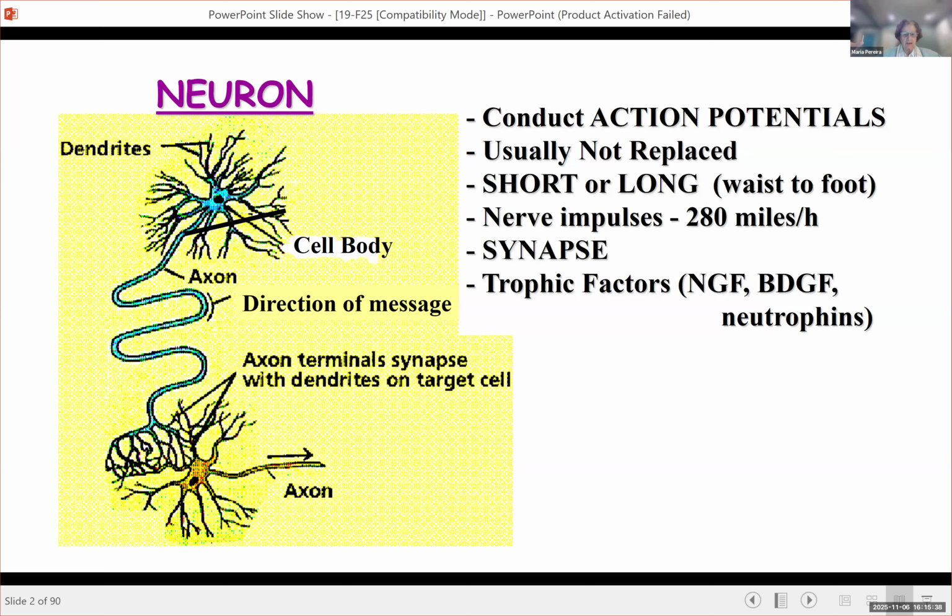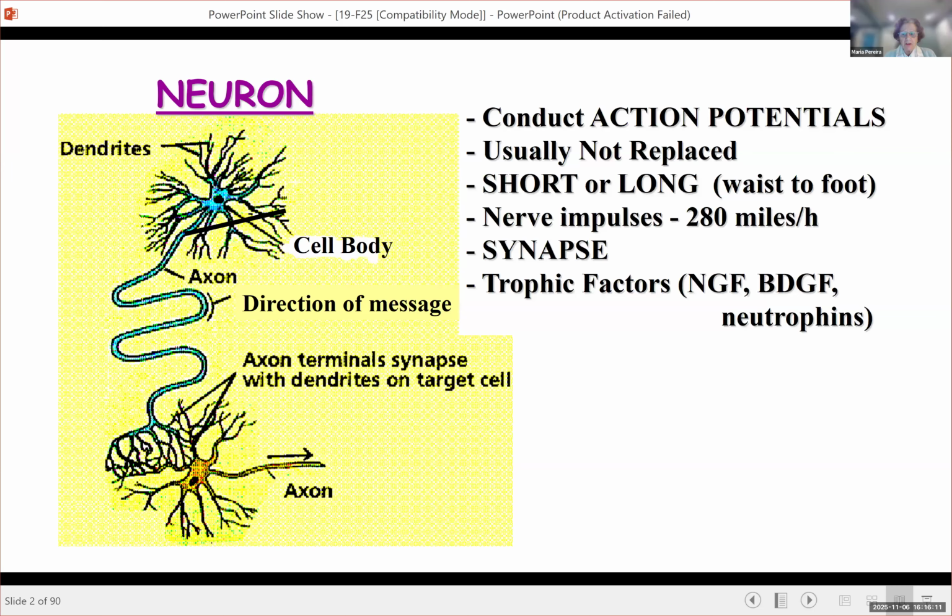So you know that these networks of neurons are very, very complex. You go from one neuron to another, to another, to another. And one neuron can communicate with more than one neuron. So the networks are very complex. These short branches that we call the dendrites bring the signal from the outside towards the cell body.